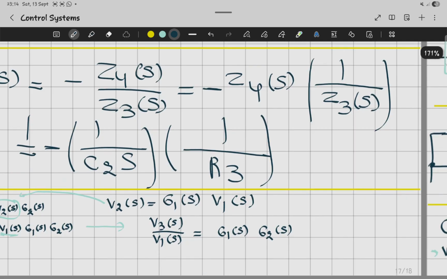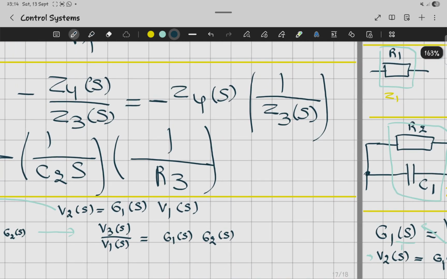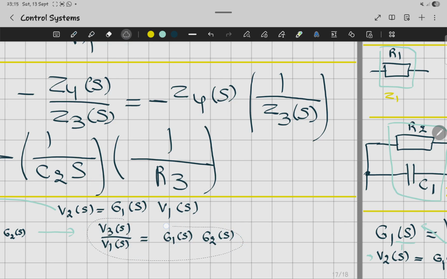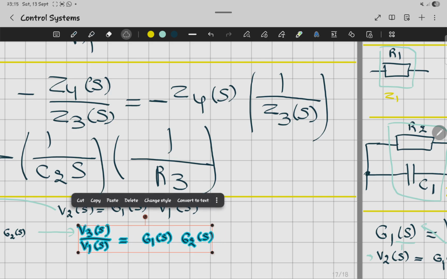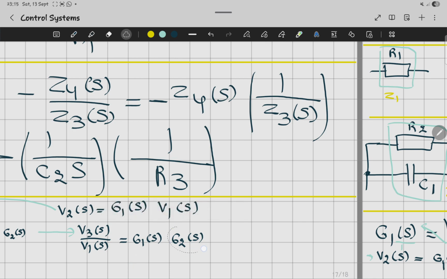If you want to write this correctly, it's going to be something like this. I'm going to create some room to work in some space.